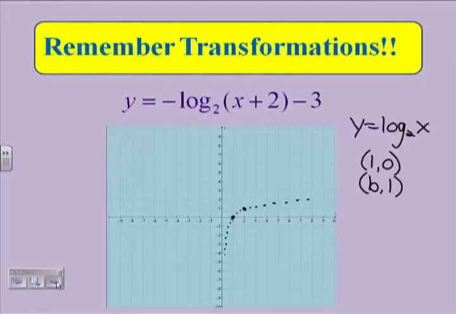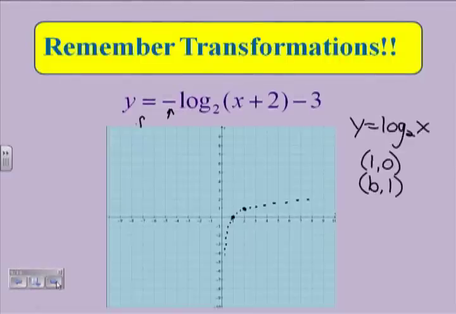Now you'll notice that I really have 3 transformations going on here. What will this negative do? Now that negative is a -1 for A, and you might remember that A is a vertical stretch or compression. If it's negative, it flips it over the x-axis.